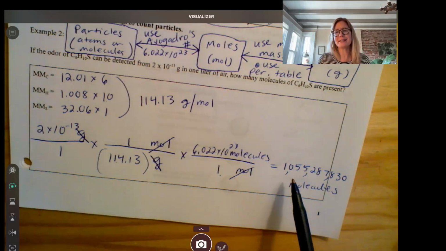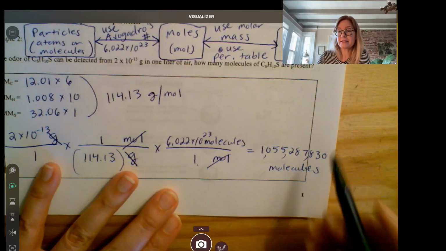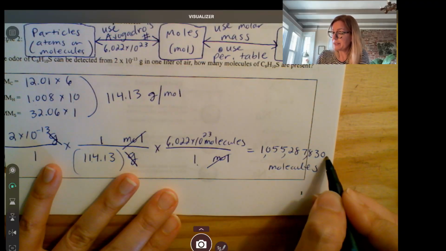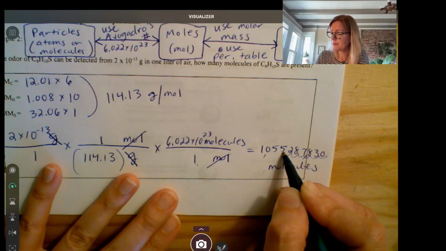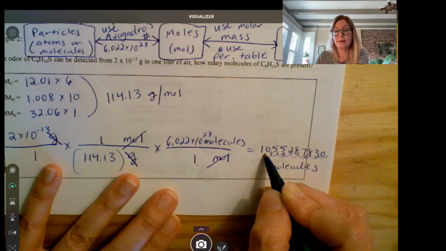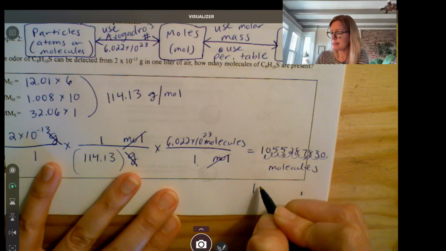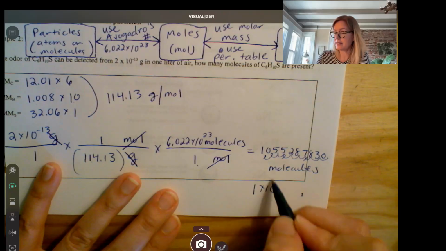And if we wanted to write this in scientific notation, that might make it easier, okay? To convert a number to scientific notation, just move the decimal until you get a number between 1 and 10. So I'm going to move. Okay, don't stop here. If I stopped here and put the decimal here, it would be 10.5. That's not between 1 and 10. I'm going to stop here. 1.05 is between 1 and 10, okay? So I'm just going to round it to 1 times 10 to the, and the number of times you move the decimal is the exponent on the 10.